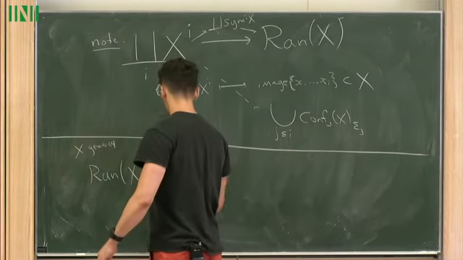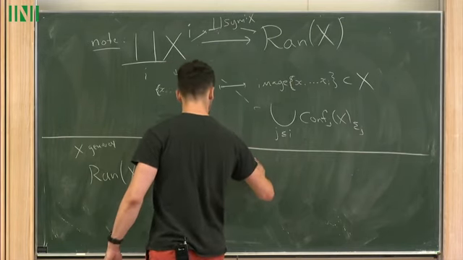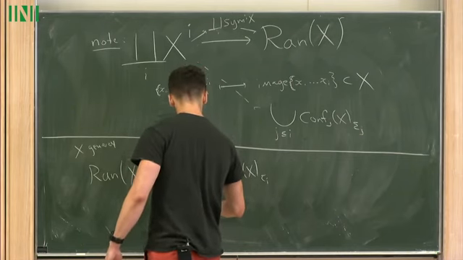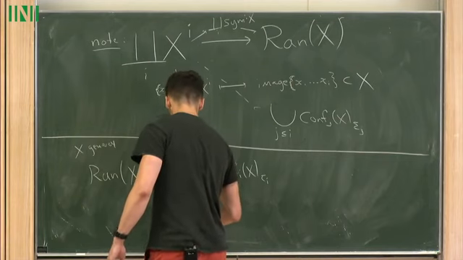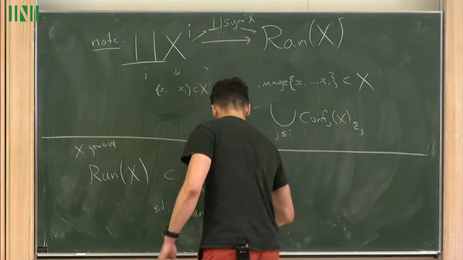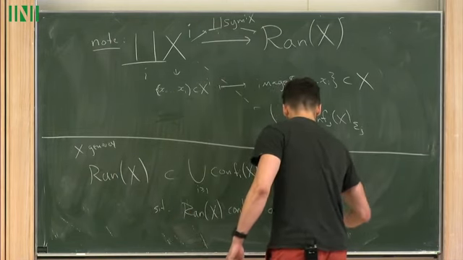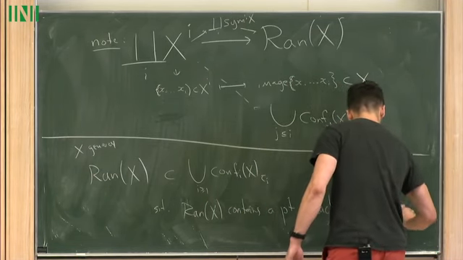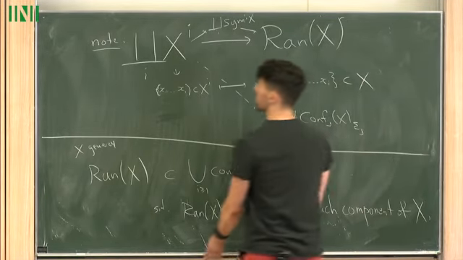So it'll be the subset of all the Conf_I(X) modulo sigma_I, such that Ran of X contains a point in each component of X.